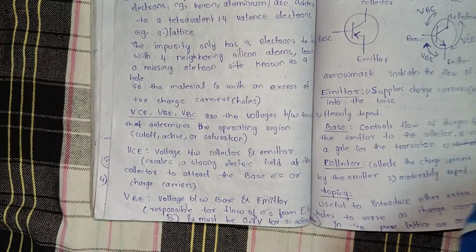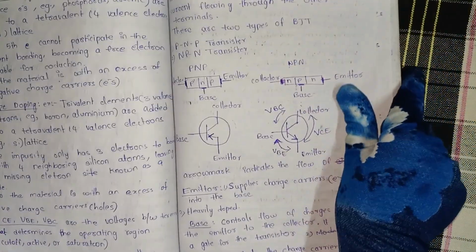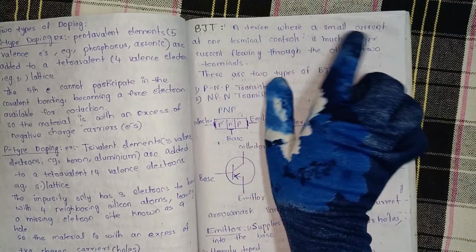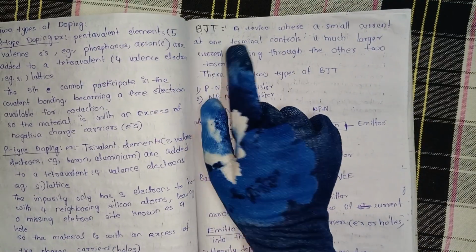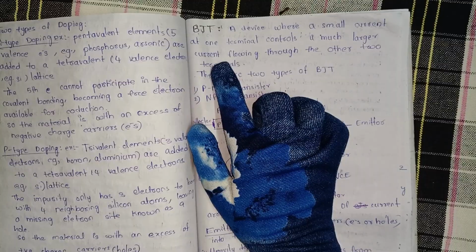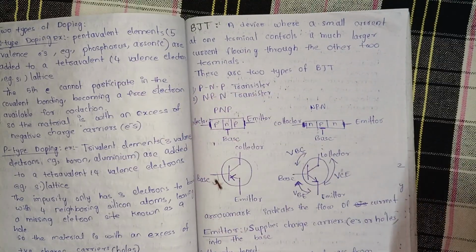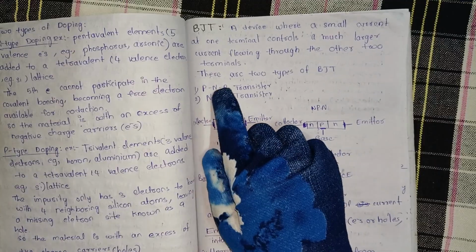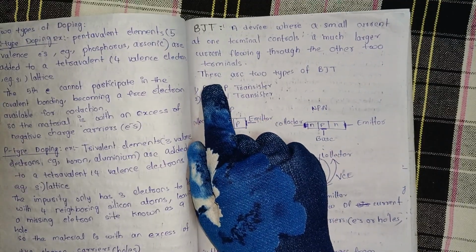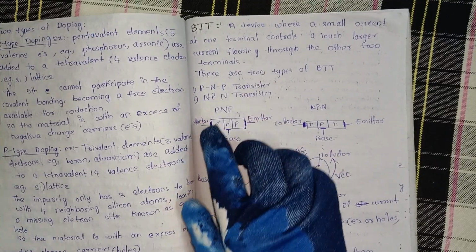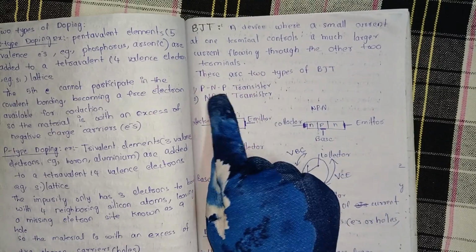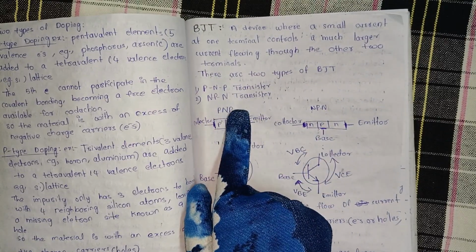Then what is BJT? Means a device where a small current at one terminal controls a much larger current flowing through the other two. So then there are two types of BJTs: PNP BJT and NPN BJT.